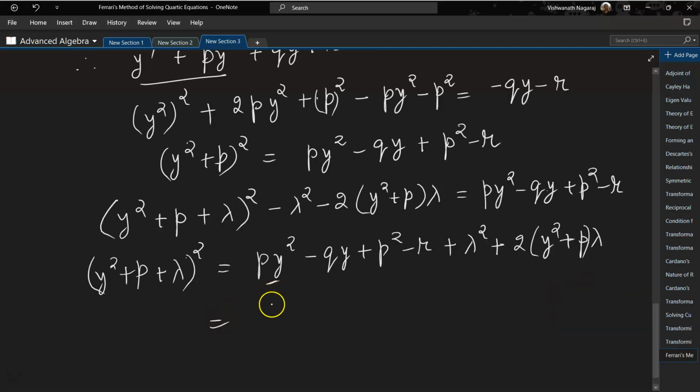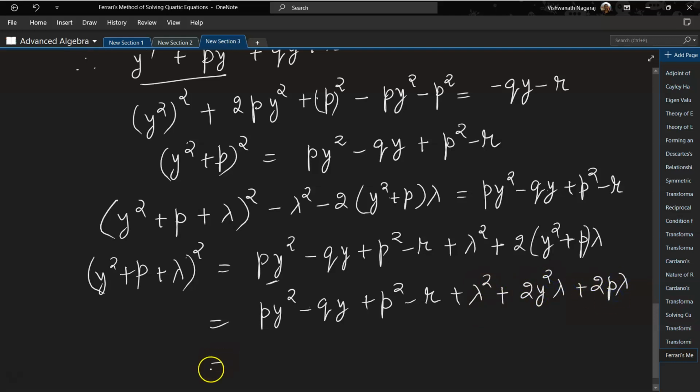Let's group them. So we have py² minus qy plus p² minus r plus λ² plus 2y²λ plus 2pλ.